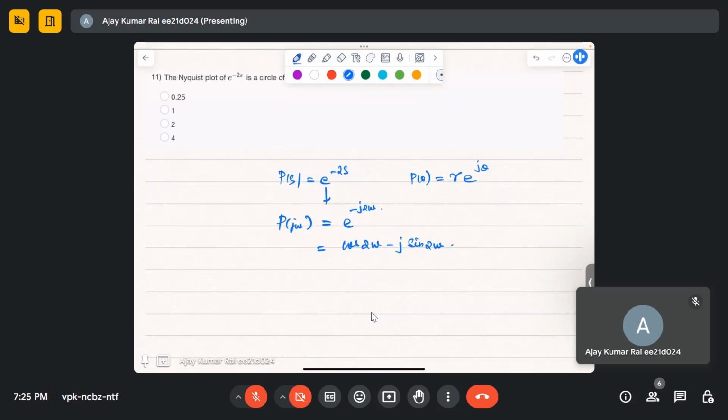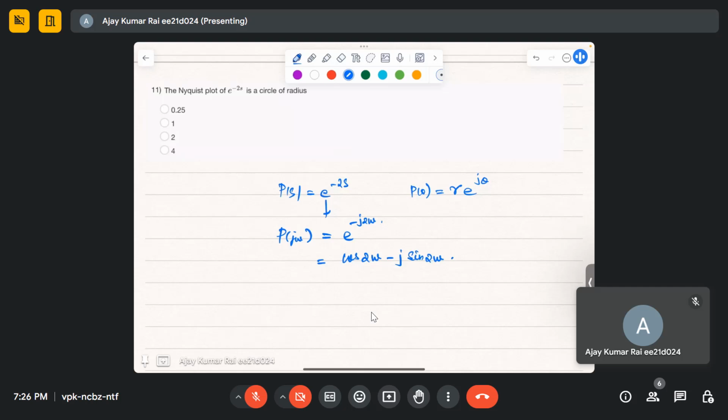Even if you don't know its magnitude and phase, you know e to the power minus j 2 omega equals cos 2 omega minus j sine 2 omega. Let me write it properly: cos of 2 omega minus j sine 2 omega.